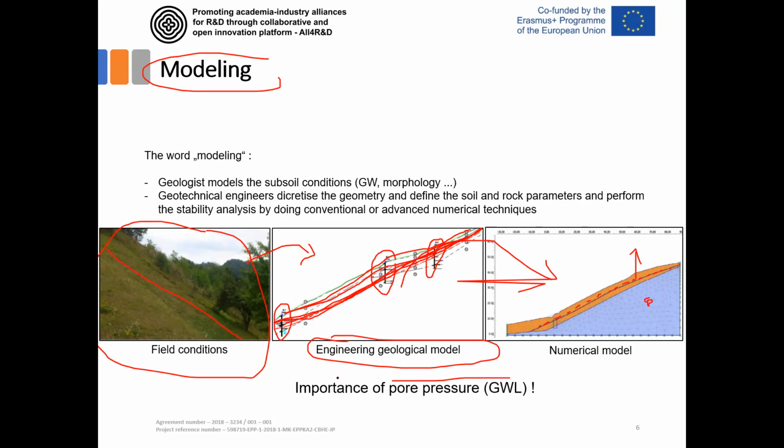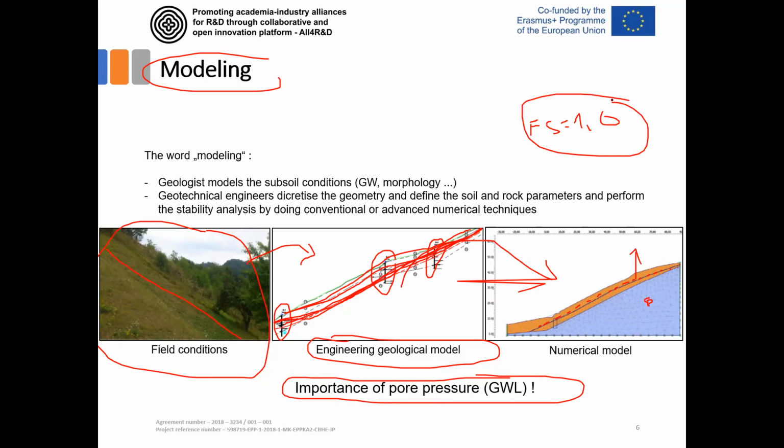As we said, it's very important to define the appropriate groundwater level, which is usually unknown at the moment of sliding. That's why we need back analysis. For any landslide, we know that the safety factor is equal to 1. Then we try different combinations of input parameters, friction angle, cohesion, groundwater level. Different combinations of these elements can bring us to a factor of safety equal to 1.